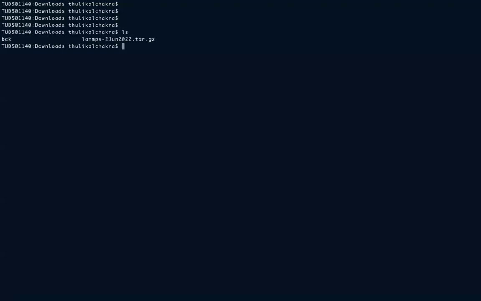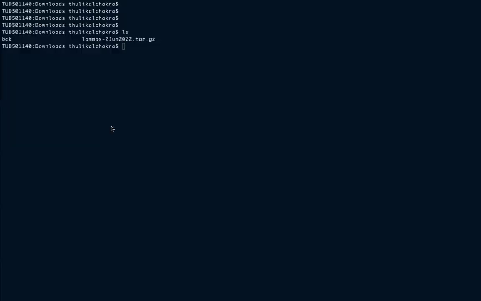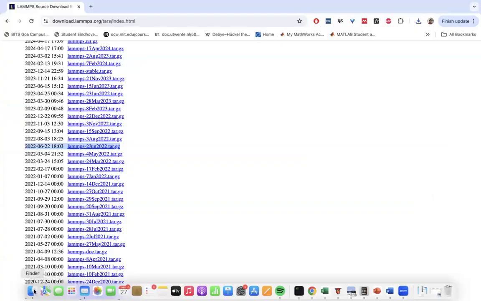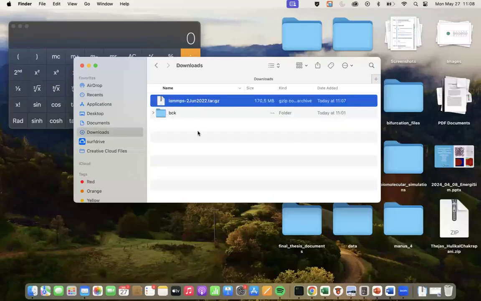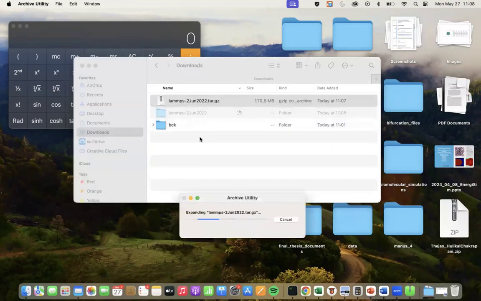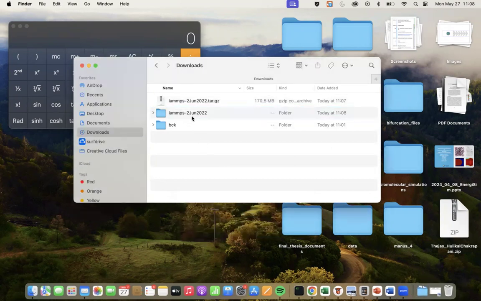Now, there are two ways to unzip this file. You can either do it manually. Let me show you. If I go to downloads, you can see this file. If you double click this, it automatically gets unzipped. That is one way to do it.